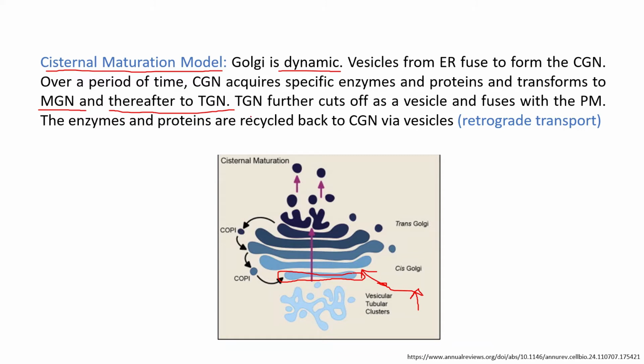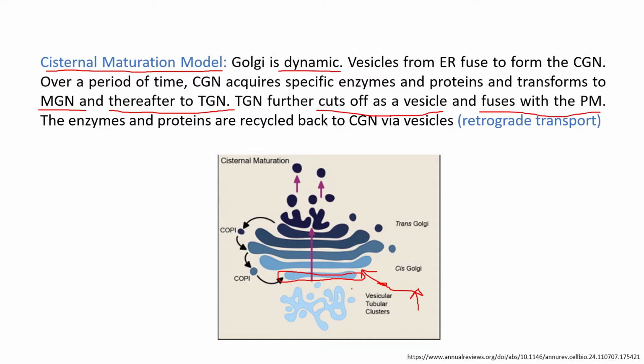So, vesicles coming from the ER fuse together to form the cis-Golgi network. The cis-Golgi network further acquires specific enzymes and proteins and transforms to the medial Golgi network, which further transforms to the trans-Golgi network. Now, the trans-Golgi network further cuts off as a vesicle and fuses with the plasma membrane.